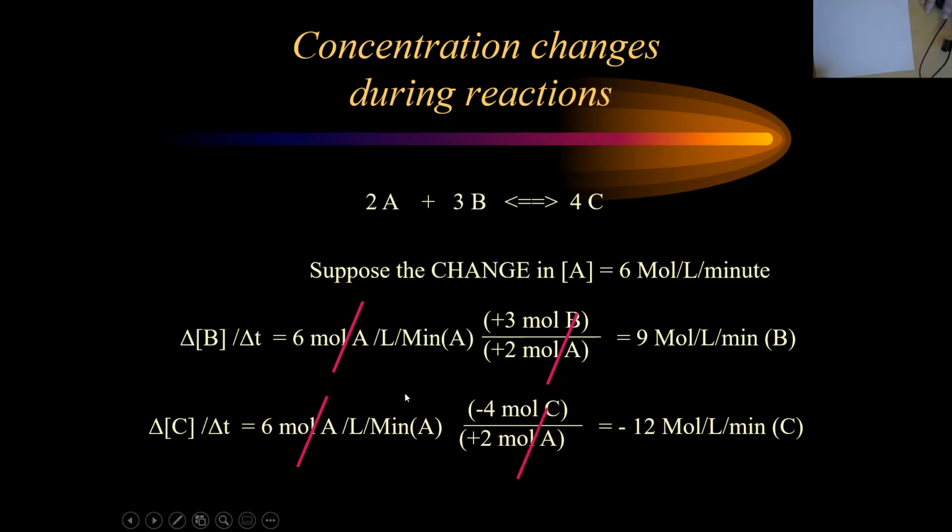All right, we cancel out our units and we get -12 moles per liter per minute for the change in concentration of C. So I set this up deliberately to introduce you to the idea right away that we don't always know the direction a reaction actually takes place. Sometimes it surprises us and goes the opposite to the direction we thought it would.